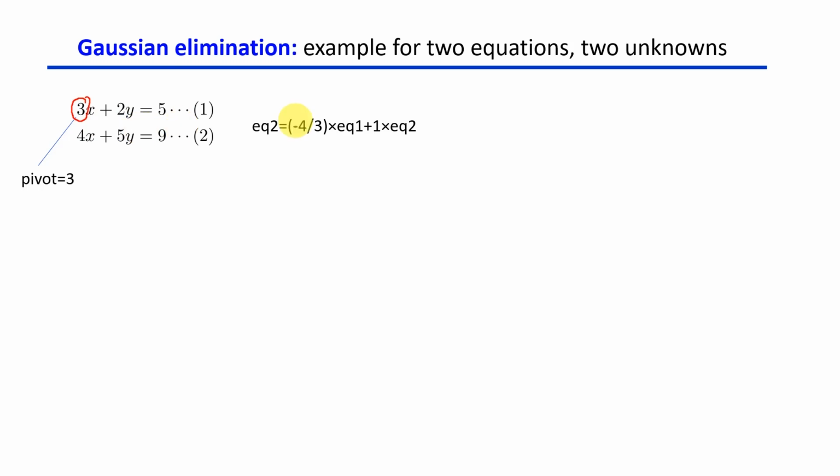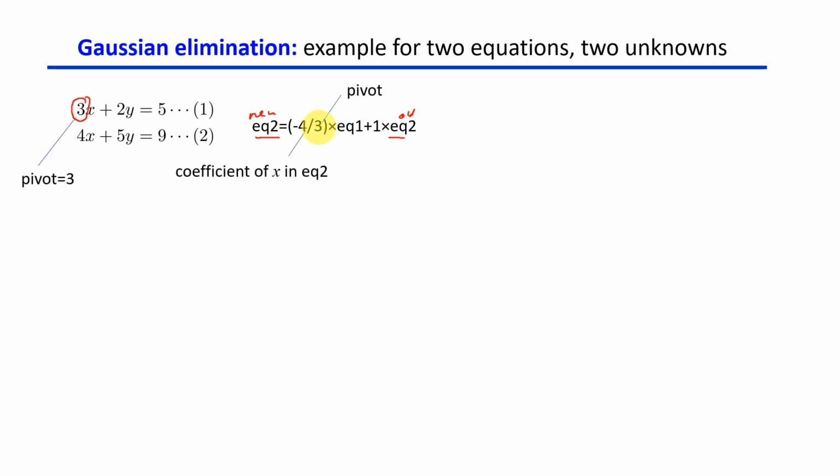My linear operation is that this equation 2, I'll bring a new equation 2. I'll replace the old equation 2 with the old equation 2 plus minus 4 by 3 multiplied by equation 1. And how does this minus 4 by 3 come?